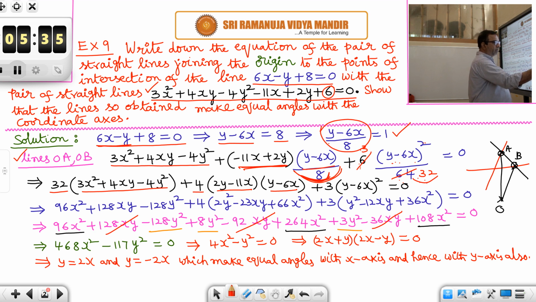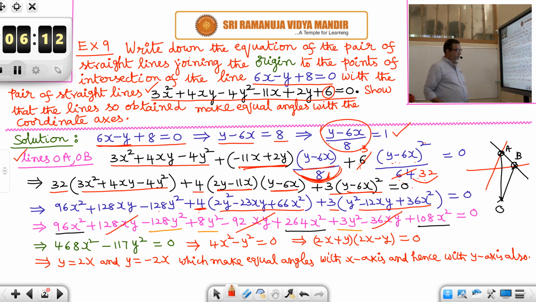If you multiply by 32, you get 3 into y minus 6x whole square. Then it is simply expansion: 96x square plus 128xy minus 128y square plus 4 into 2y minus 11x into y minus 6x. I have expanded, and next 3 into y minus 6x whole square, further expanded with this 4, and here further expanded with this 3.